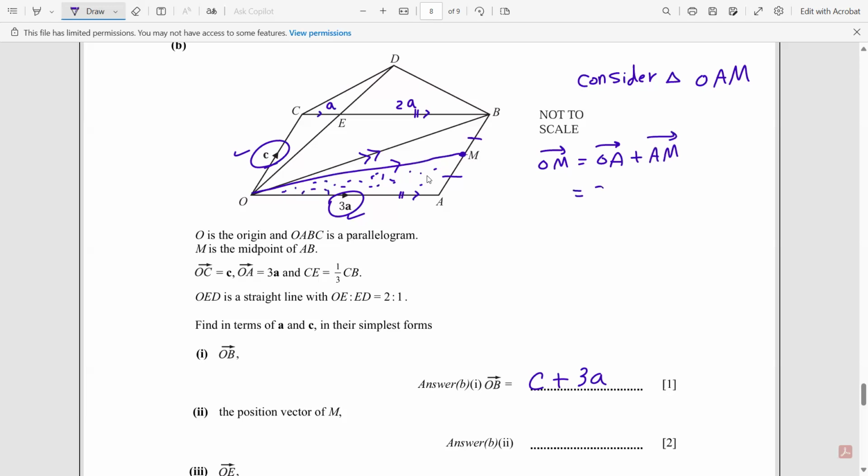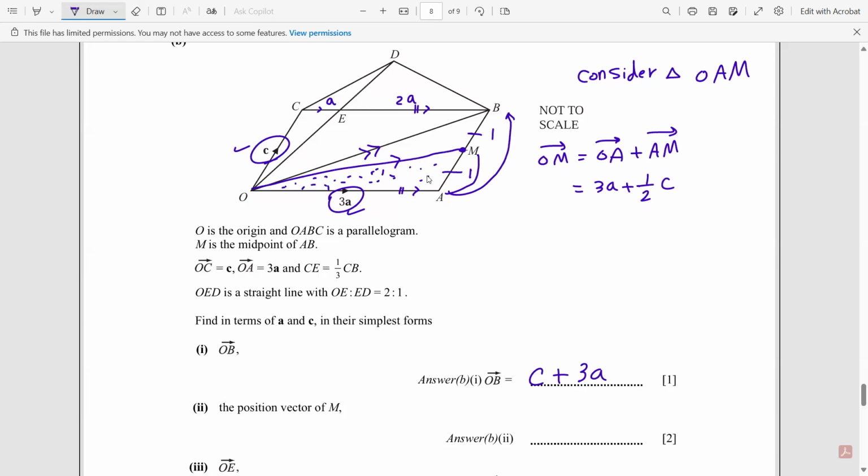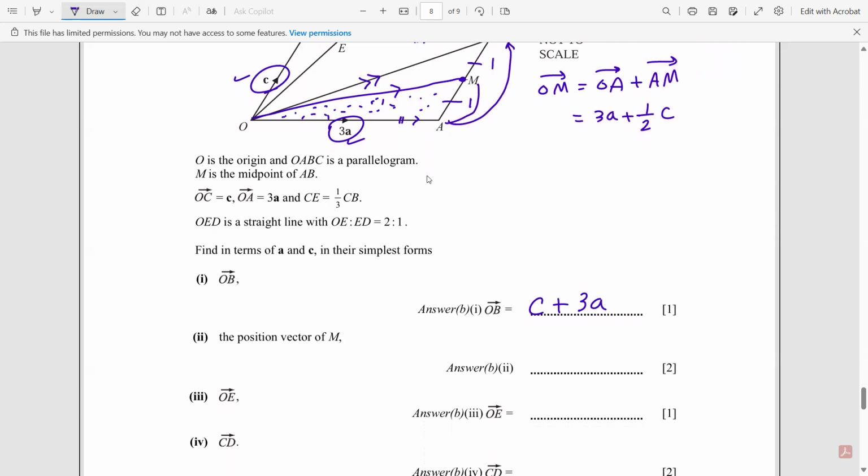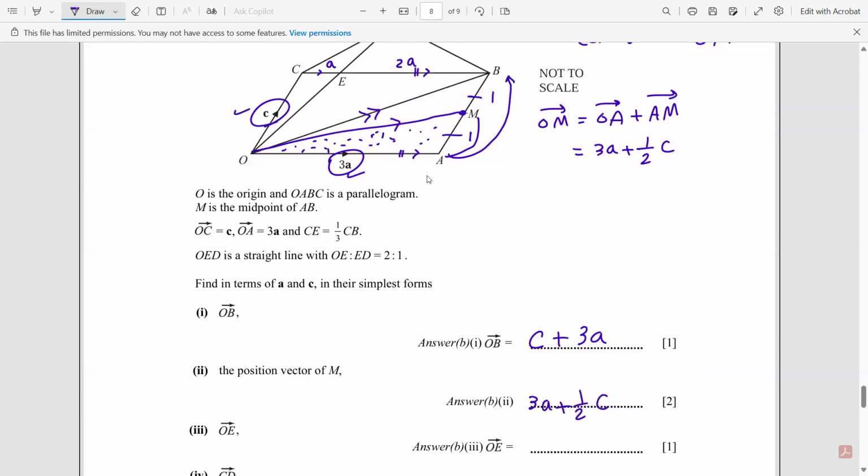So OA is simply 3A, and because M is the midpoint and the ratio is 1:1, the vector AM is simply half the vector AB. The vector AB is the same as C. So this is simply the OM in simplest form. The OM, the position vector of point M, is 3A plus half C. I can just write it here. 3A plus half C.